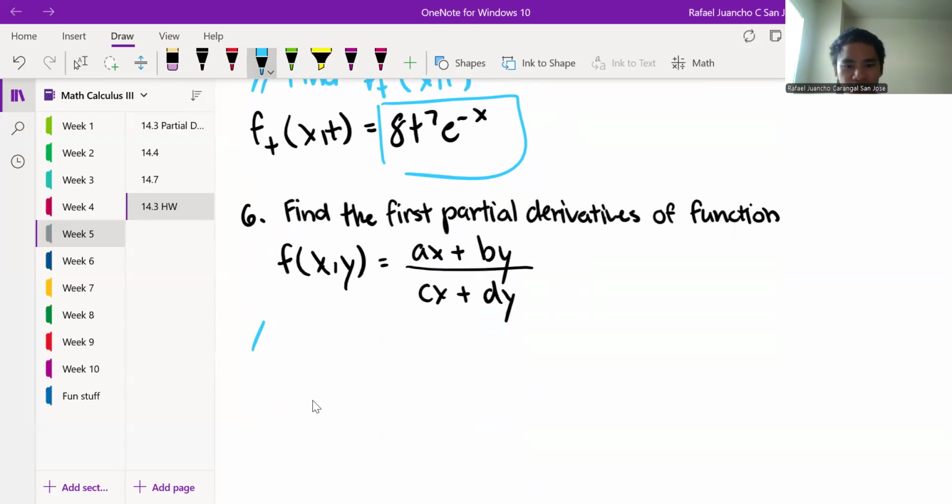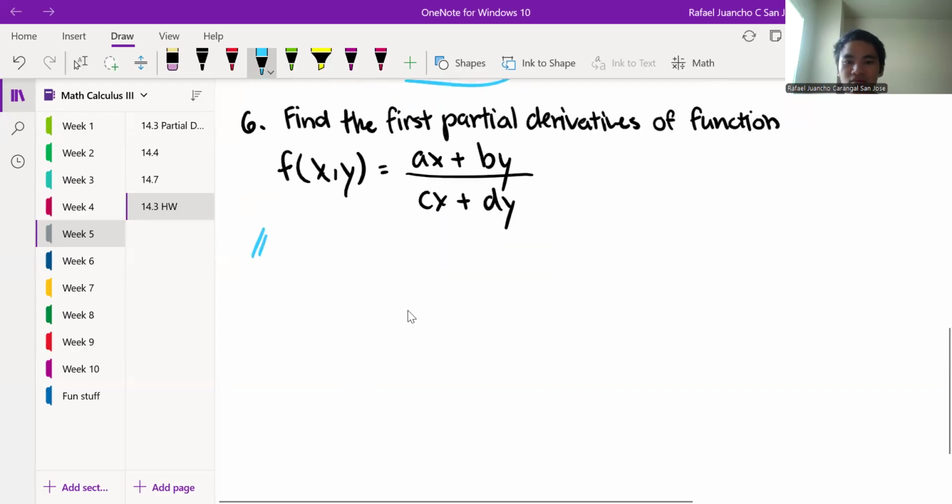How do I do that? Well, okay, this is something of a quotient rule. I'm gonna say a, b, c, d are constants, right? They're numbers. Yeah, that's what being delusional is. You think of letters as numbers when you're in math.